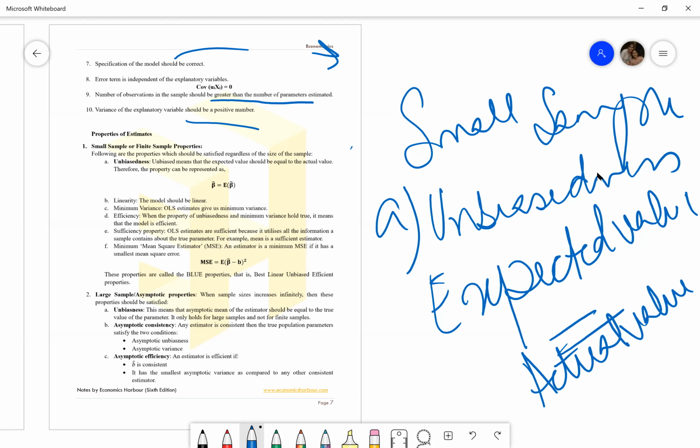In the sense, when you take actual data and when you take a representative data or a sample data, it should be the same. There it should be unbiasedness.